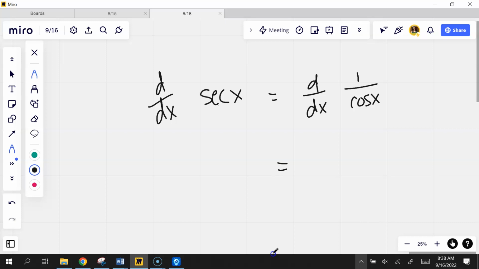So let's do quotient. The derivative of the top, which is just 0, times the bottom, so it doesn't matter, minus top times the derivative of the bottom, negative sine x, over the bottom squared.